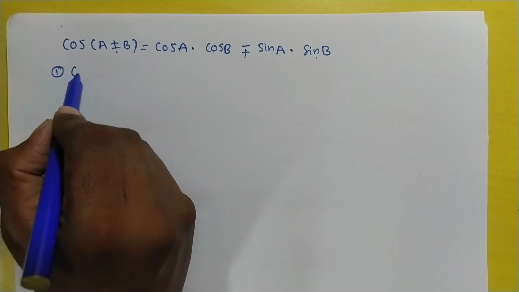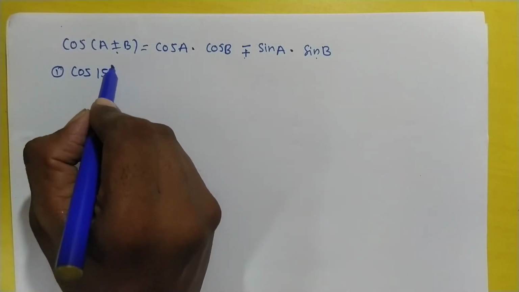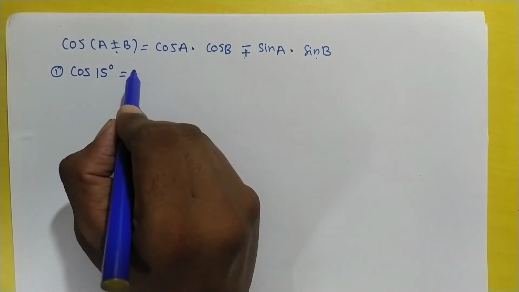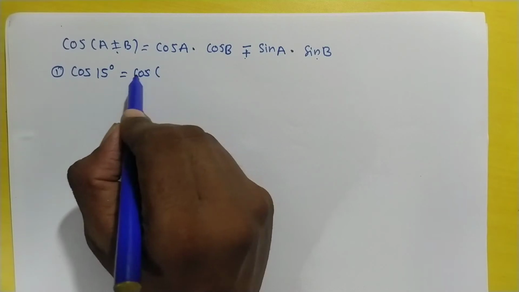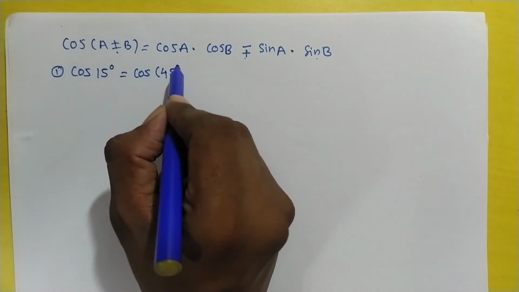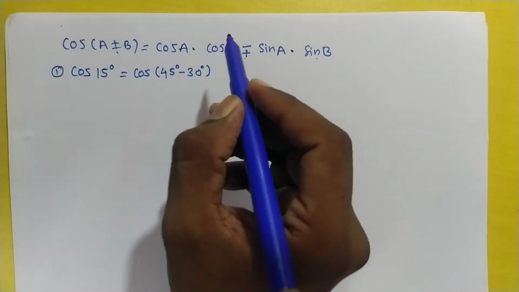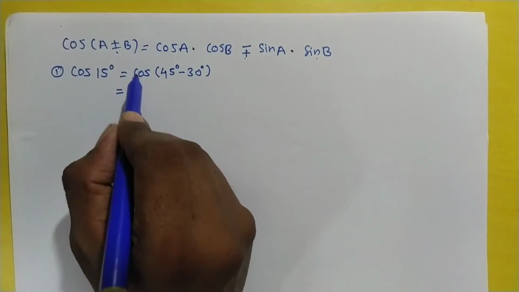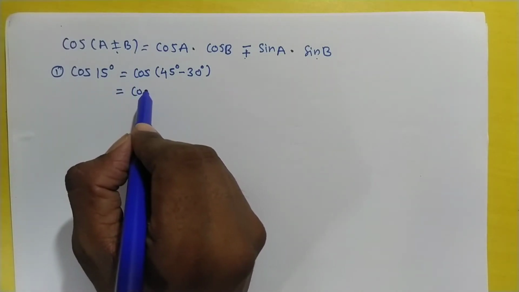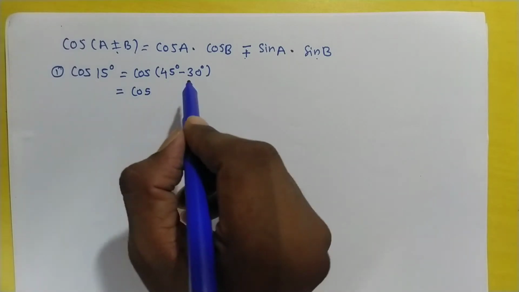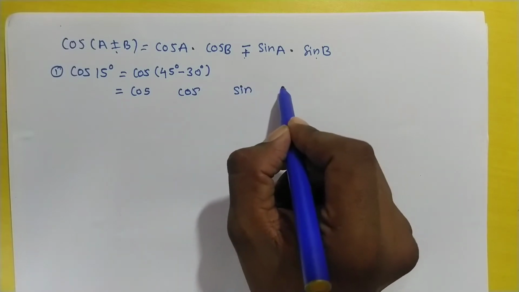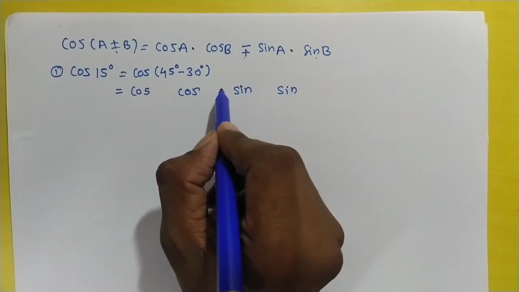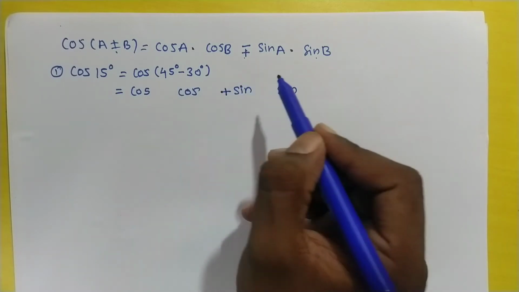The first example is cos of 15 degrees. By using the compound angle, 15 degrees is nothing but 45 degrees minus 30 degrees. Using the formula, cos, cos, sine, sine, here the minus sign is present, so its reverse sign is plus.